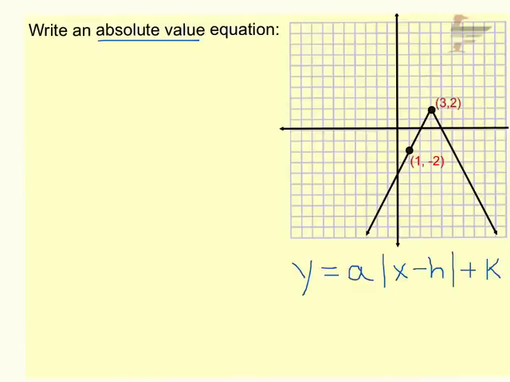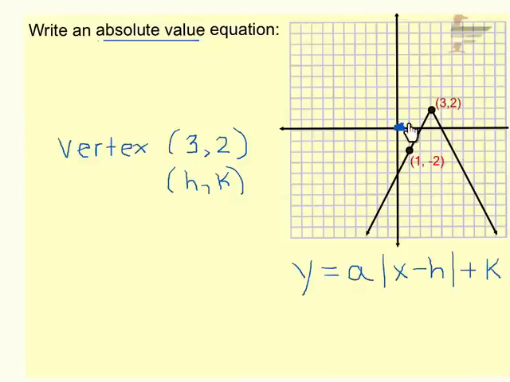If you take a look at the given information, you can tell that the vertex, obviously, is the point (3, 2). And you might just know and be okay with the fact that the vertex is always (h, k). So automatically we know what h and k are, but of course you can tell that from the origin, this particular graph is shifted to the right 1, 2, 3, and up 2.